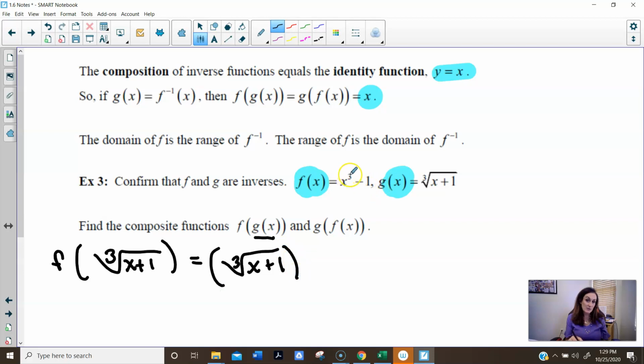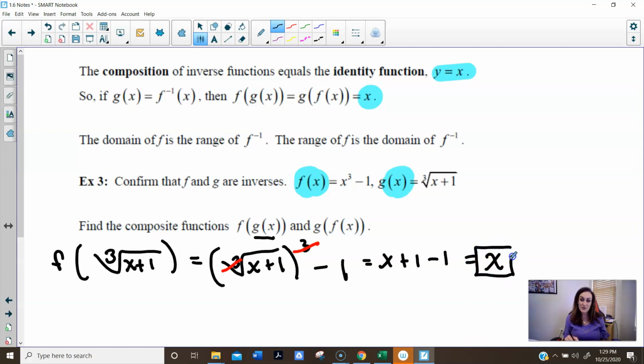And that's going to be cubed, subtract 1. And you can see what's going to happen where the cubed root and the cubed are going to cancel each other out. Now I have x plus 1 minus 1. And x plus 1 minus 1 is equal to x.